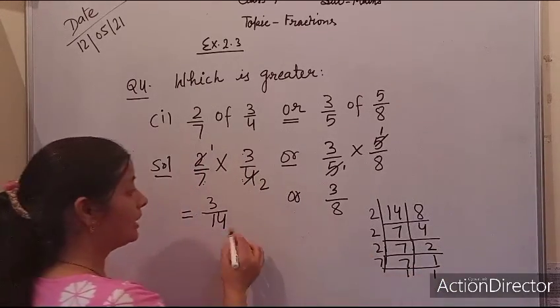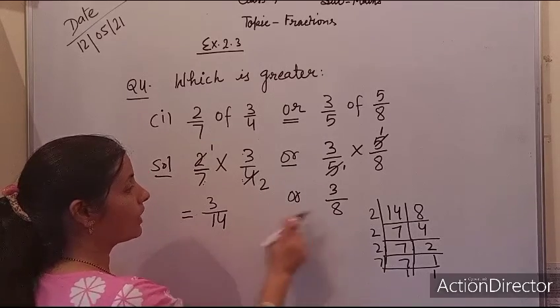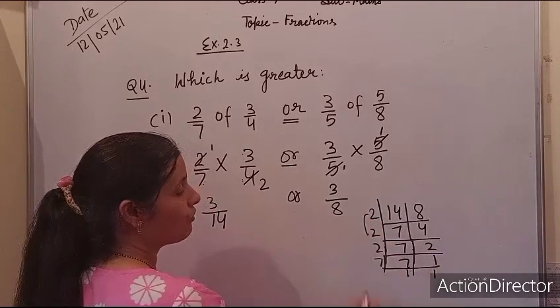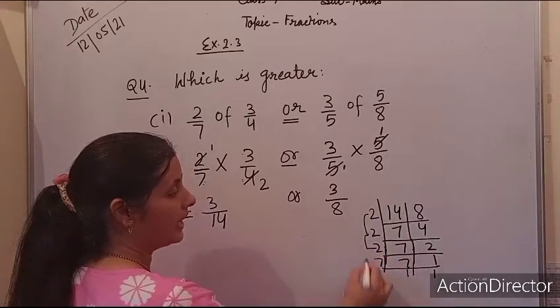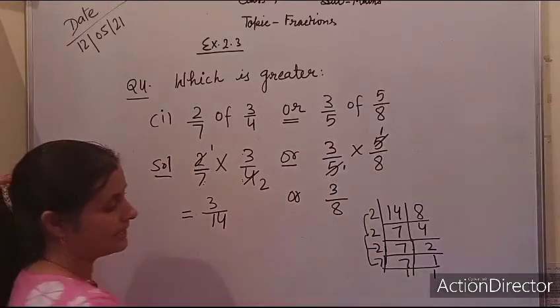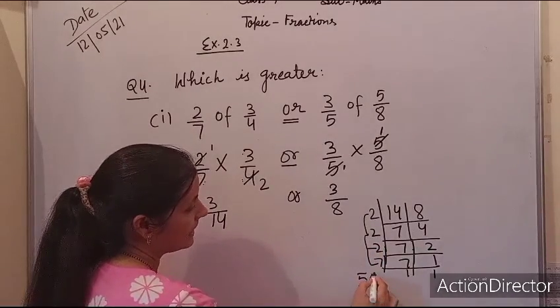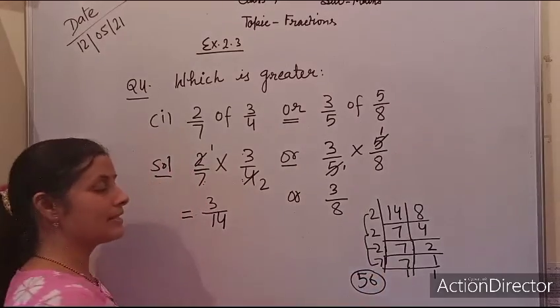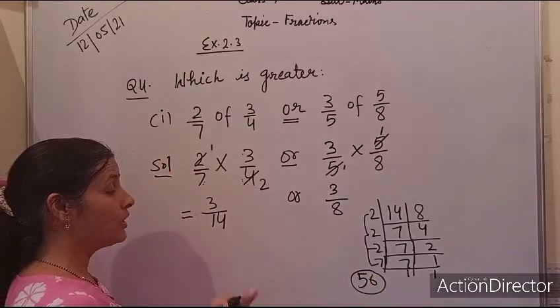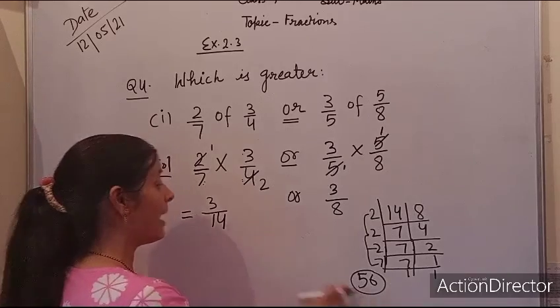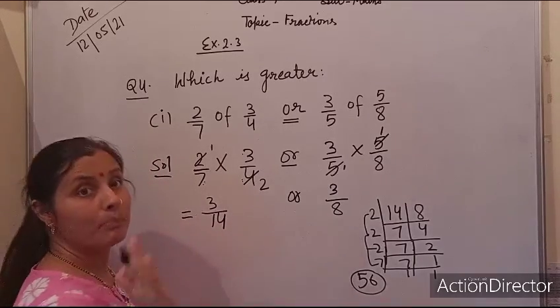Now what would be the LCM of 14 and 8? 2 twos are 4. 4 twos are 8. 8 sevens are 56. It means 56 is the number. 56 is the least number which can be divided by 14 and 8 completely.